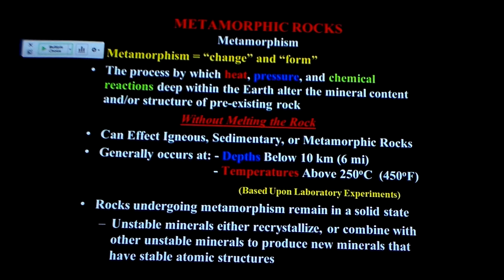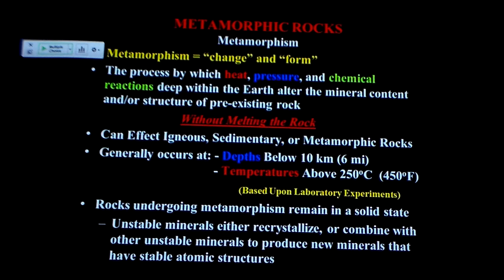Metamorphism simply means change, morph, changing form. And we're looking at heat and pressure primarily, but this is going to be causing chemical reactions. So we're going to have a bunch of loose ions out there running around, waiting to react with other things. So we trigger a bunch of chemical reactions, and those in turn trigger other reactions.